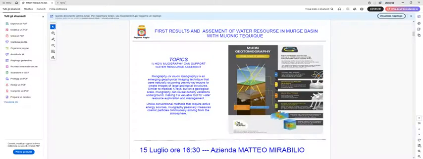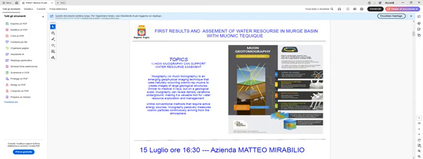Muography can reveal density variation underground, making it a valuable tool for water resource exploration and management. Unlike conventional methods that require an active energy source, muography passively measures cosmic particles continuously arriving from the atmosphere.